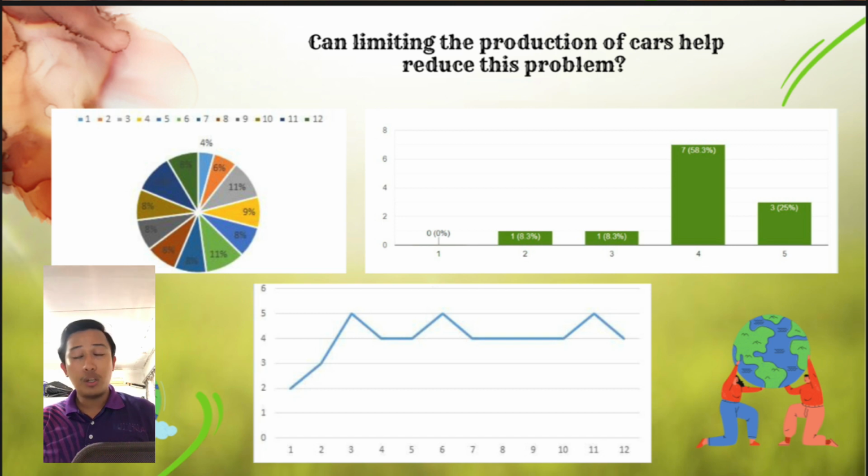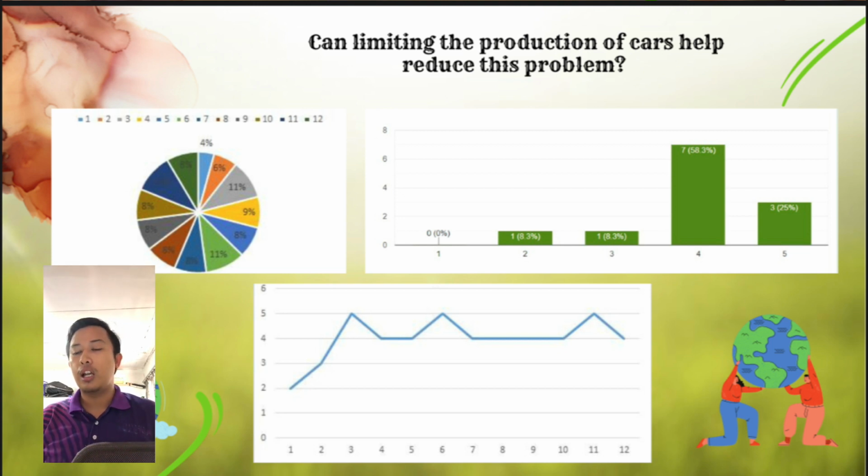25%, which is 3 people, voted for totally agree. If we look at the pie chart, the lowest percentage for voting is number 1.